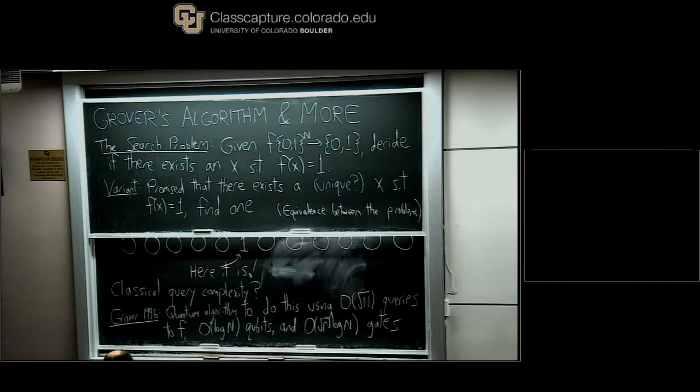Okay, but they were for very, very special, very structured problems, right? And we saw this morning exactly how we had to impose a lot of structure on our oracle f in order to get the quantum algorithms to work. So you might say, well, what about the entire rest of computer science, where typically we don't have that kind of structure?